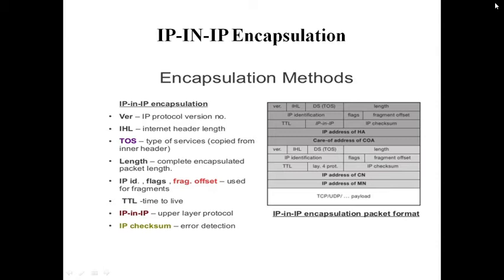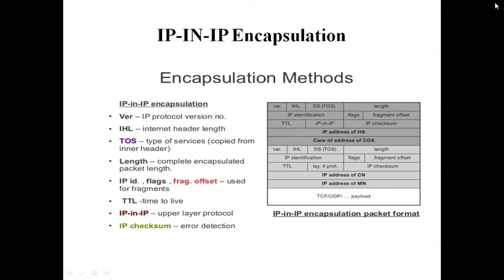Care of address means the destination address, meaning the encapsulated destination address, not the original destination address. These two denote the IP address of the home agent and the care of address, the COA. These are nothing but the tunnel entry point address and the tunnel exit point address.